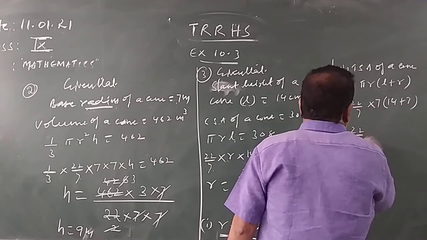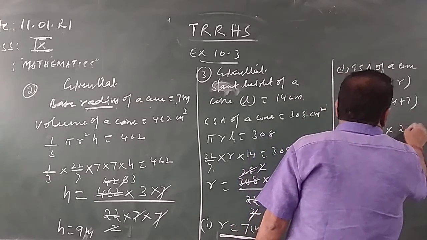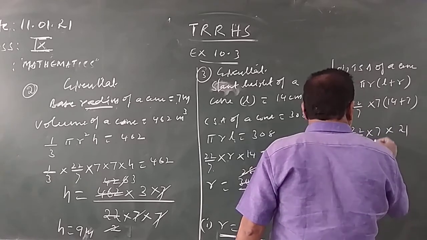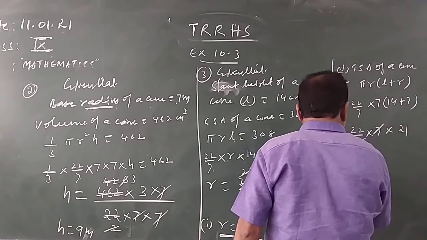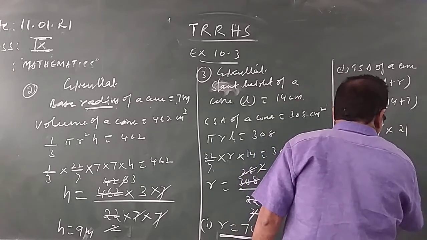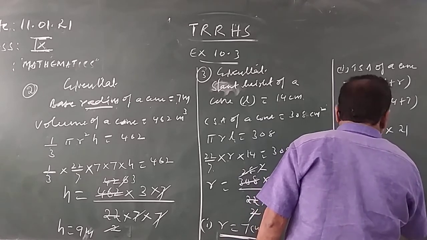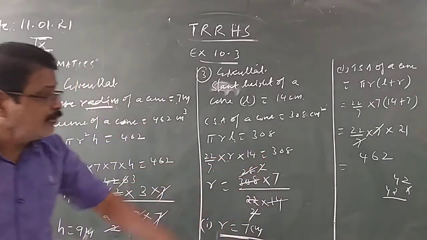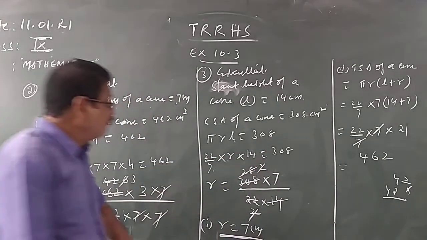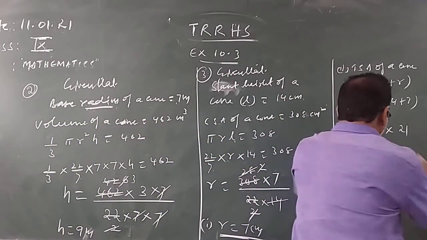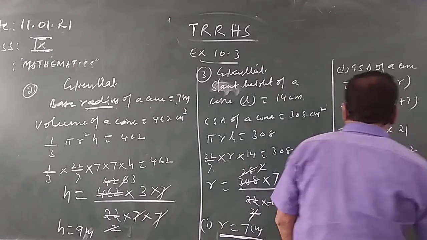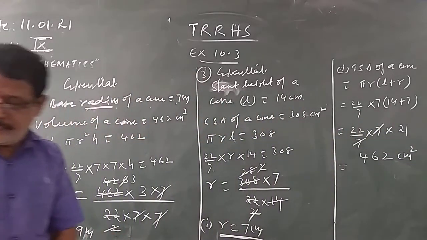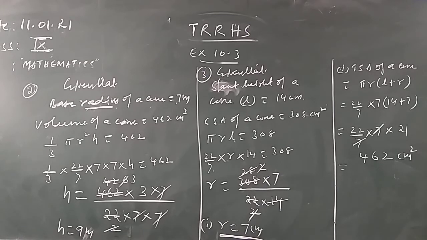So 22 by 7 into 7 into 14 plus 7, which is 21. So 7 and 7 cancel. 22 into 21, we get 462 square centimeters. This is the TSA of the cone. Yes, I hope you clearly understood.